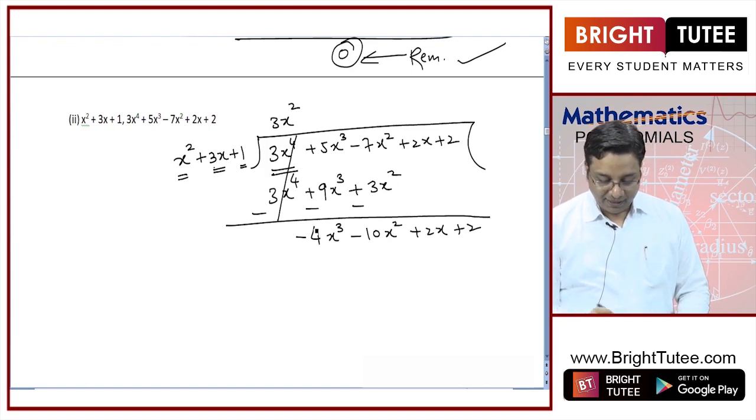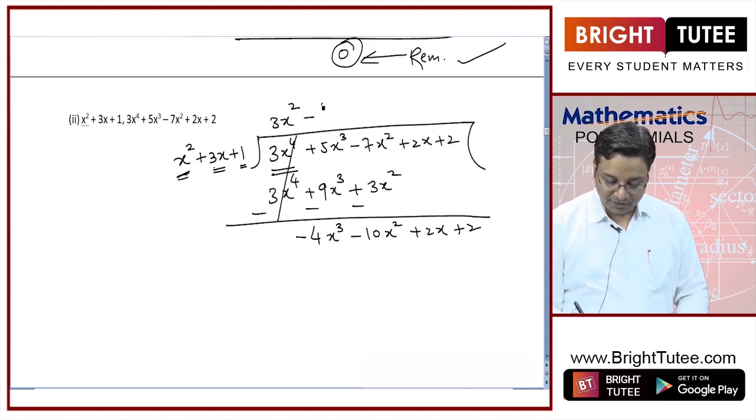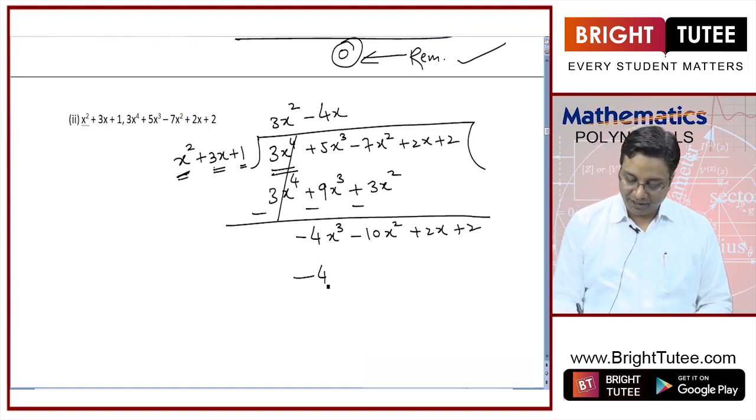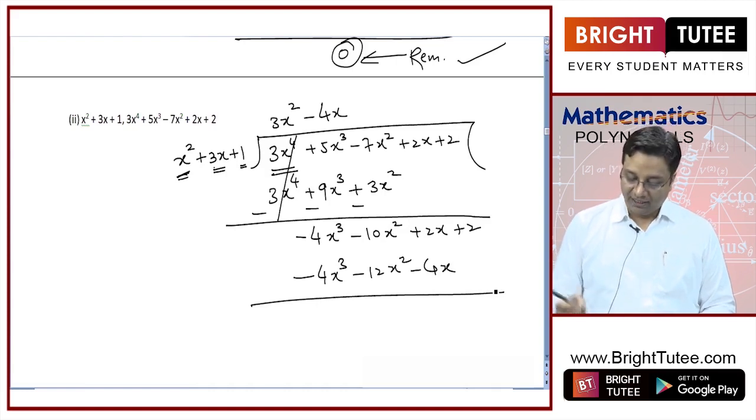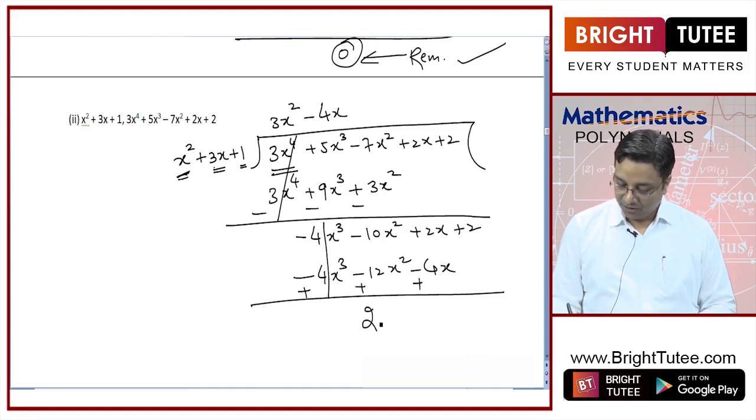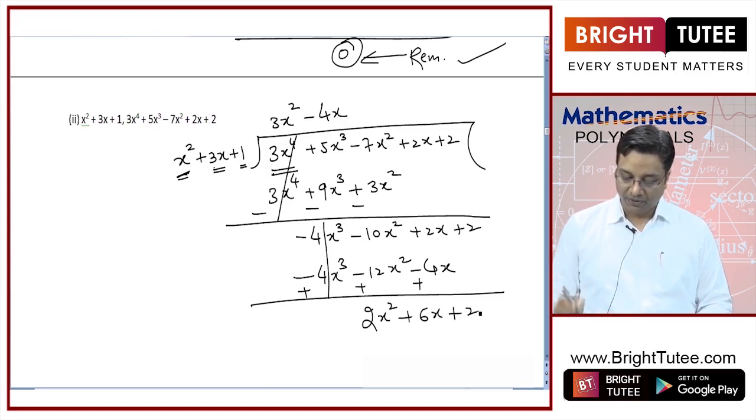Now if I multiply this one by minus 4x, it will give me minus 4x cubed, it will give me minus 12x square, and this multiplication will give me minus 4x, right. So our entire purpose is to cancel the first term. Now this first term gets cancelled, plus 12x square minus 10x square will give me 2x square plus 6x plus 2, right.